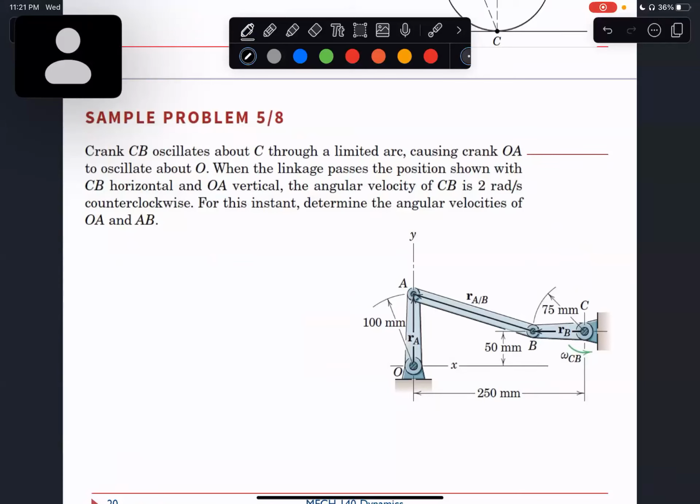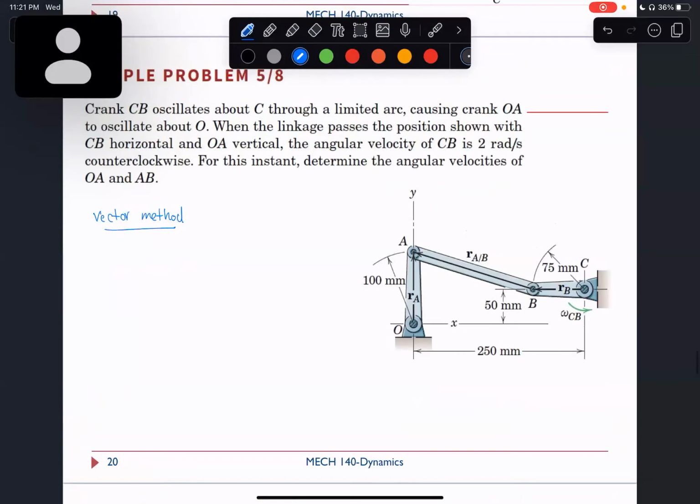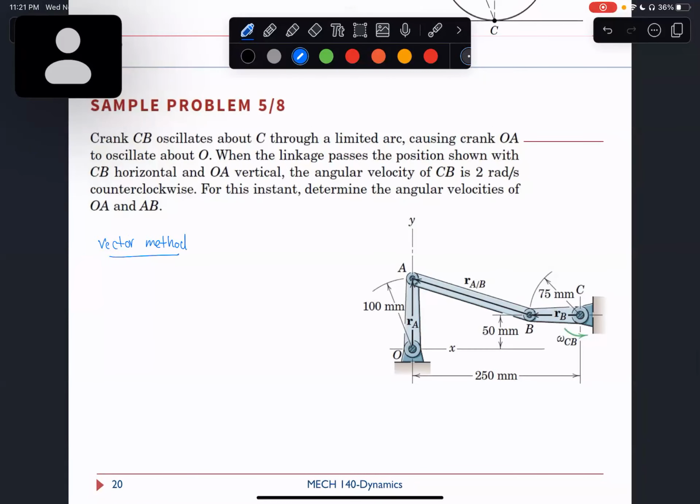Let's do another sample problem, but this one I'm going to use the vector method. The question is that the crank CB oscillates about C through a limited arc, causing crank OH to oscillate about O. When the linkage passes the position shown with CB horizontal and OA vertical, the angular velocity of CB is 2 radians per second counterclockwise.